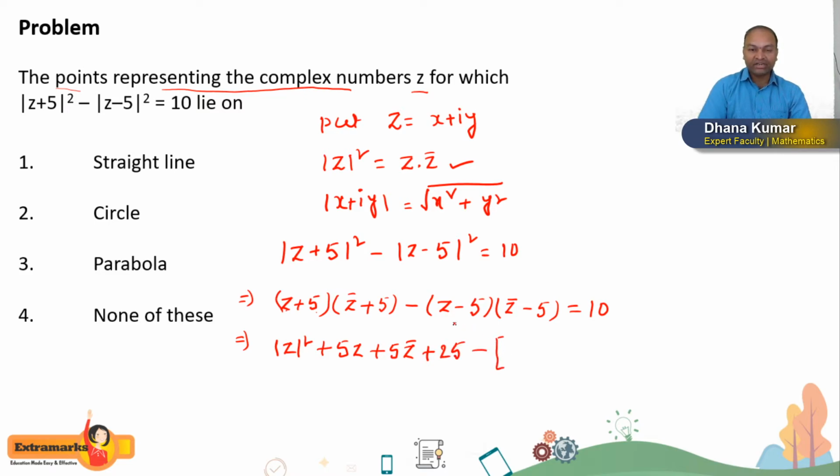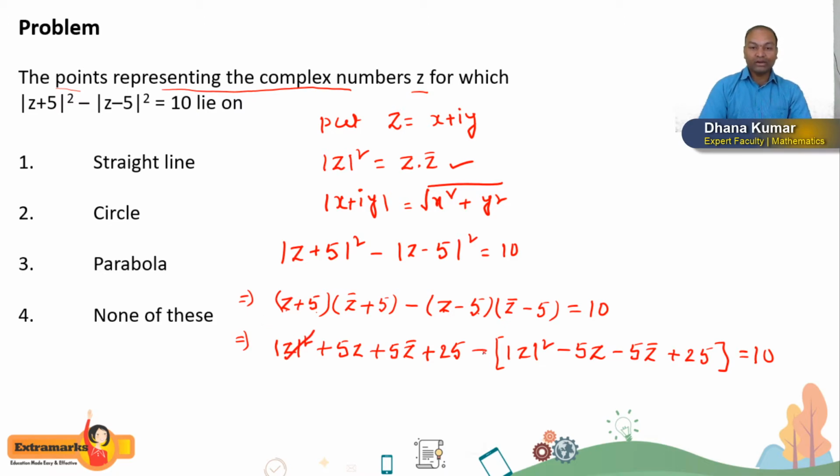Minus, expand these two brackets. Once again use that formula, z into z bar is mod z square, z into minus 5 is minus 5z, minus 5 into z bar is minus 5z bar, minus into minus is plus 25, equal to 10. Simplification.